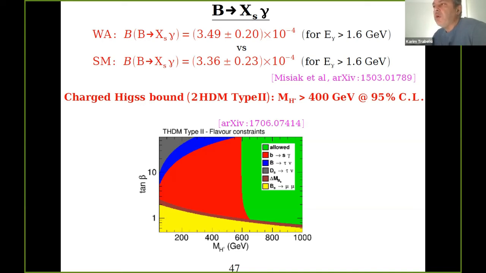Actually, this is one of the strongest constraints coming from rare B decays in B factories time, which allows you to constrain some of the models, like, for example, charged Higgs with a certain scenario, to some limit that you cannot even reach today with a direct search.